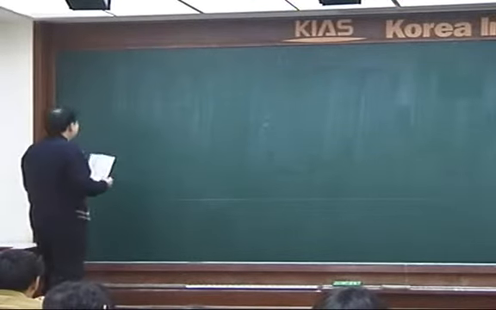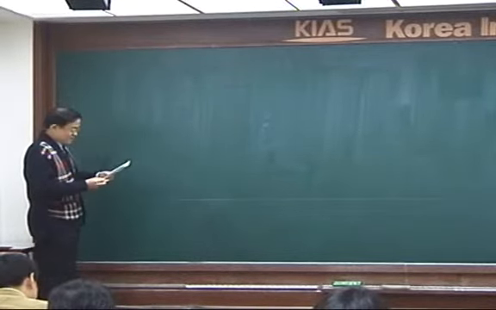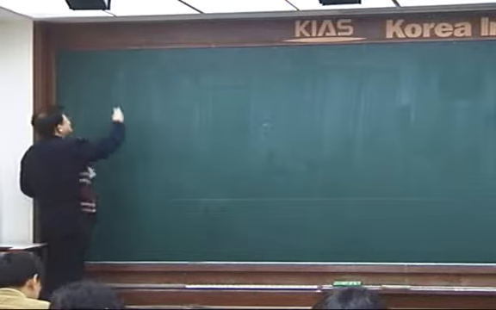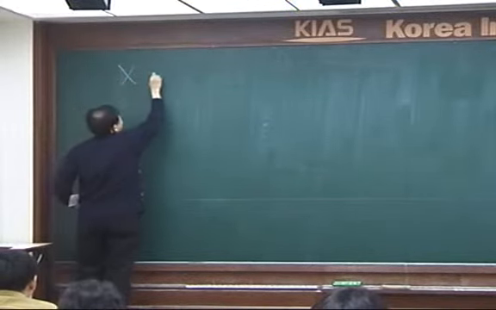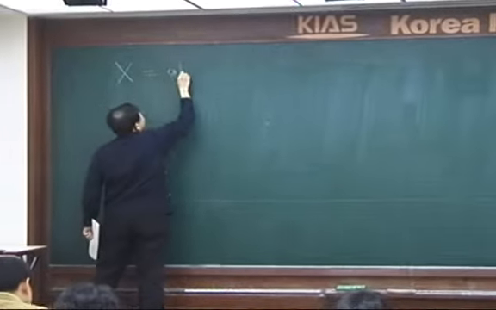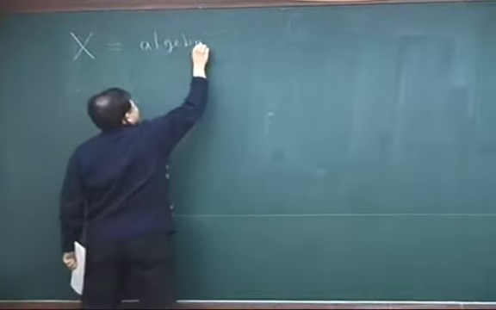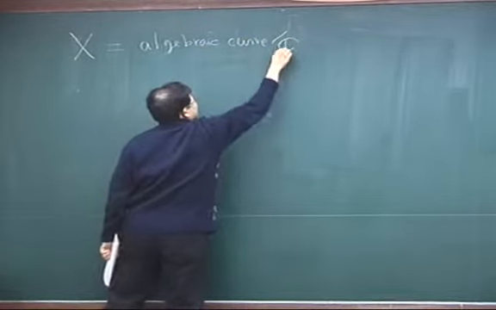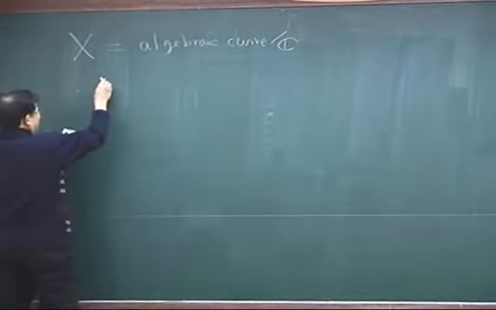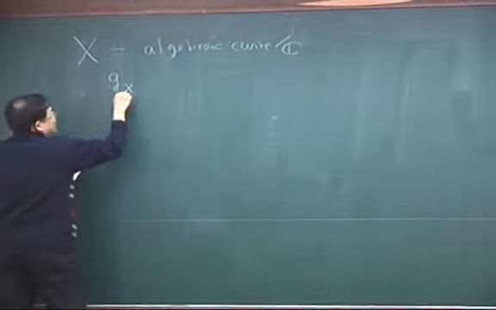So let me recall the basic definitions. So we are looking at, let's start with the algebraic geometric side. So X is an algebraic curve over C of genus g, and let g_X be the genus.